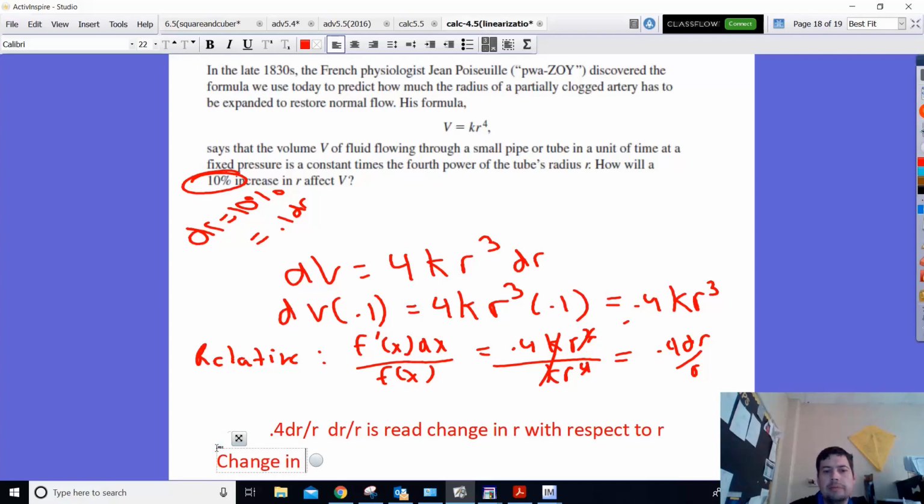We had change in volume, right? dV is equal to 0.4 r dr over r. I really don't know the best way to explain this. This means that the volume increases by 40%. I don't know the best way to explain that. I thought I had it down. But apparently I can't put it in words. So as the radius increases by 4/10 of a unit with respect to itself, the volume increases by 40%.